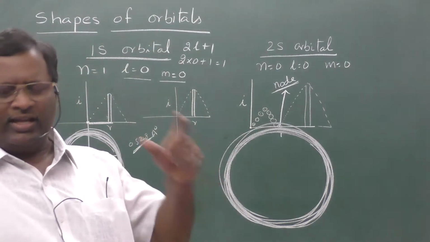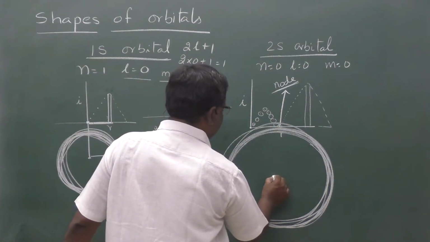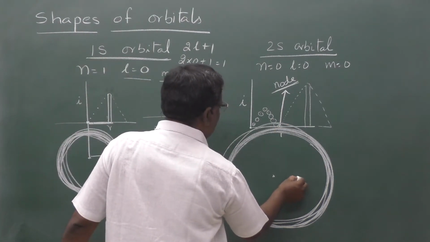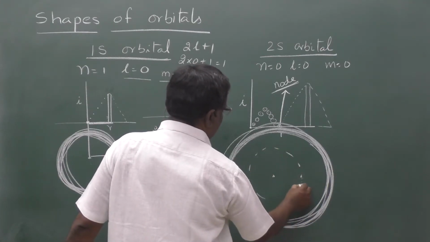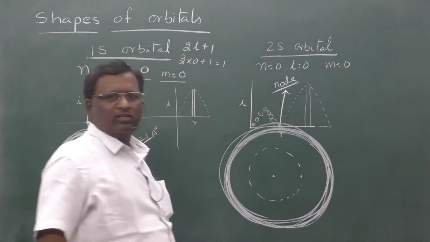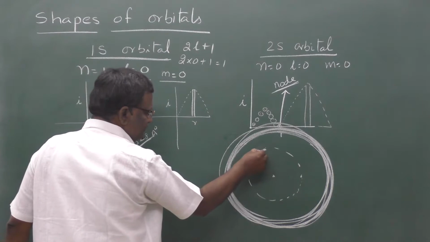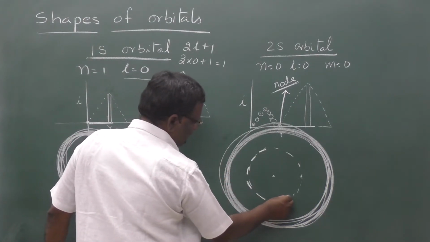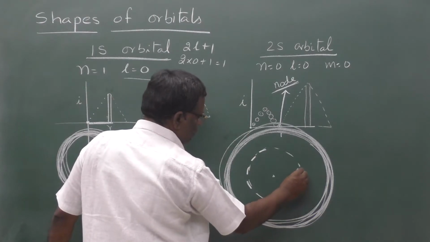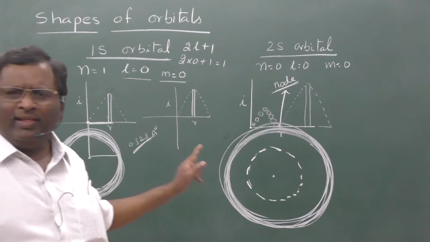Now come to another important point. In this region of space, I found a region where the probability of finding 2s electrons is almost 0. Why are 2s electrons not present in that region?